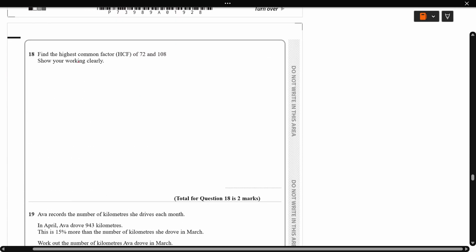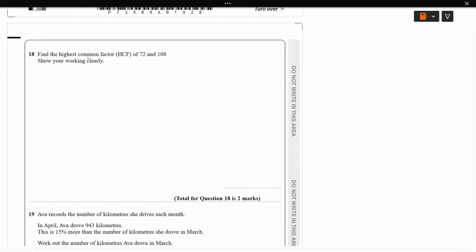Next, find the highest common factor of 72 and 108. First we go for the prime factors of 72, which is 2 and 36, which is 2 and 18, which is 2 and 9, then 3 and 3. So I can write 72 equal to 3 2's, so 2 cubed times 3 squared.